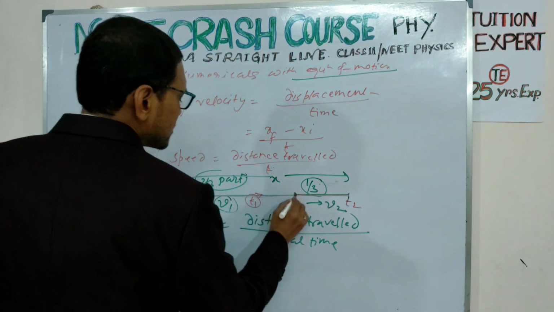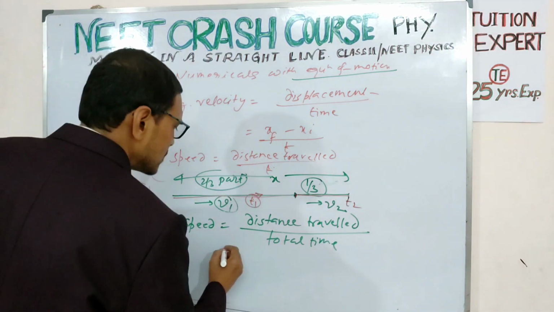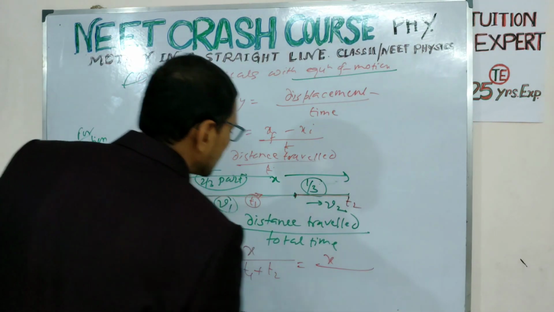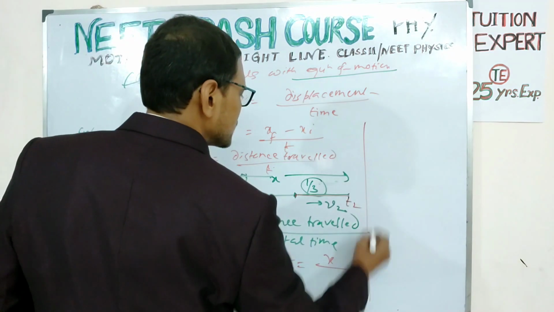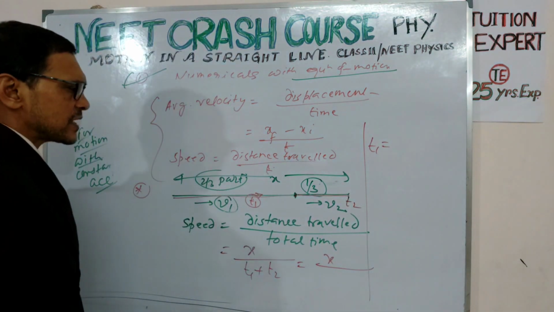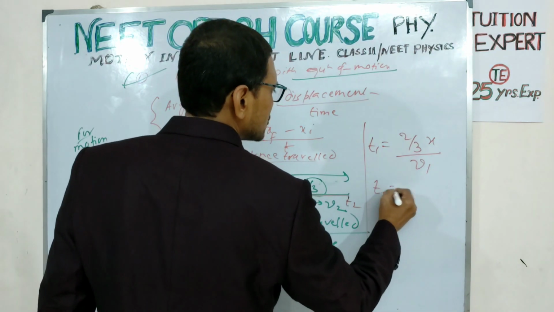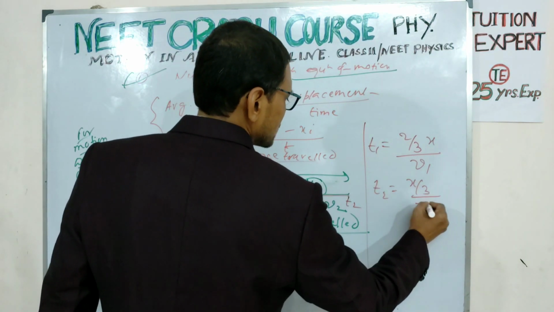So distance traveled equals x and time taken is t1 plus t2. Now t1 equals distance by velocity, that is 2x by 3 v1, and t2 equals x by 3 v2.